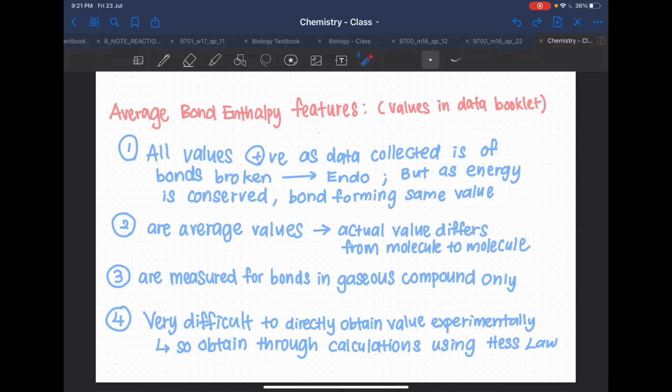The actual values differ between different molecules because different molecules will have different atoms bonded to that same bond. 3: they are measured for bonds in gaseous compounds only, so this means that in other physical states the bond enthalpies can vary. And these average bond enthalpies are very difficult to obtain directly through experiments, so we often calculate these values using Hess's law, and therefore they may not be exactly accurate.